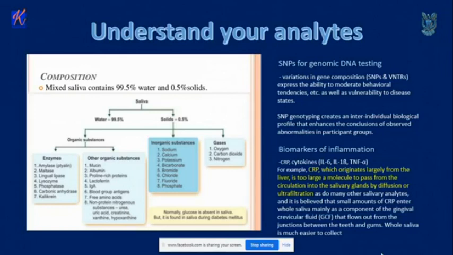Why we talk so much about saliva today is because it is as important as any other biological fluid, just like blood. The best part of saliva is that the biomolecules which we try to analyze can pass from blood to saliva.